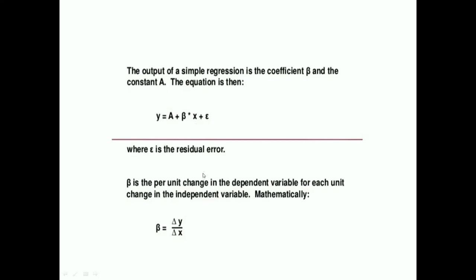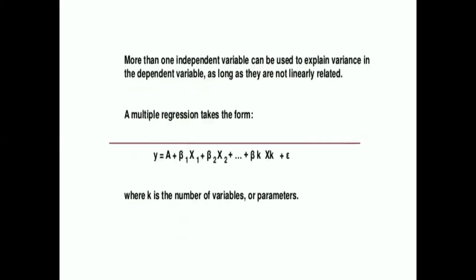Epsilon is the residual error, and beta is the change in the dependent variable for each unit change in the independent variable, so beta is delta y upon delta x.